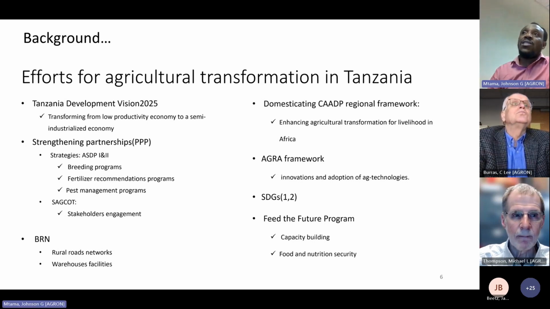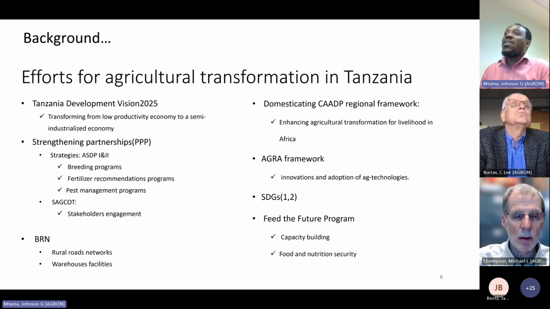But also we have the Alliance for a Green Revolution in Africa, whose goals are very similar to the goals of CAADP, and the way this has been implemented is the same way as the Agricultural Sector Development Program 1 and 2.